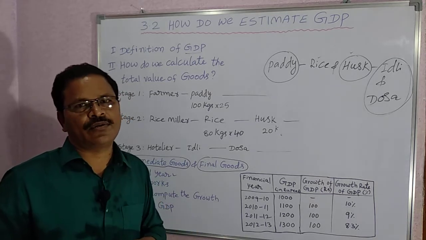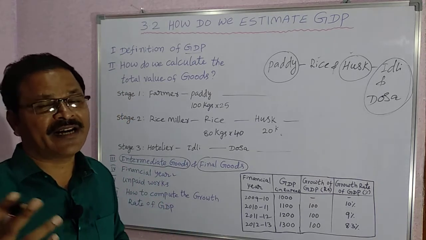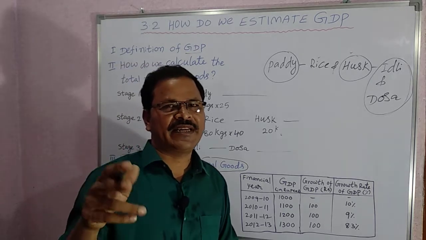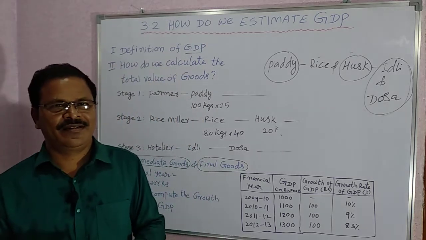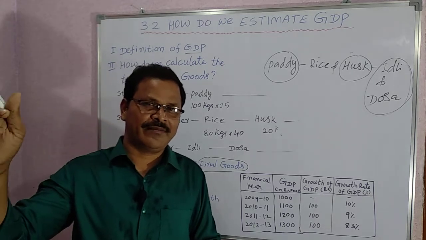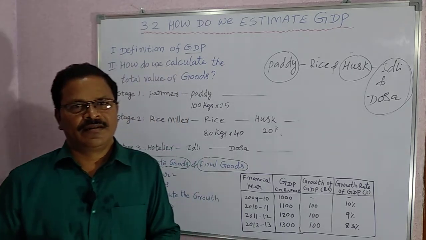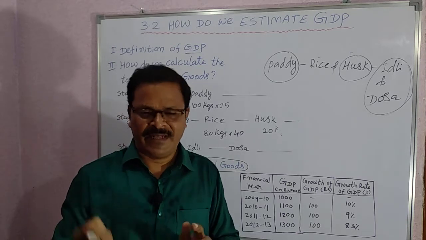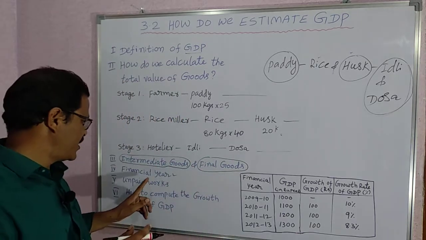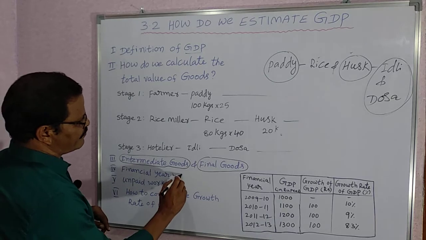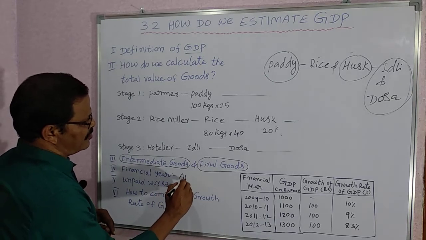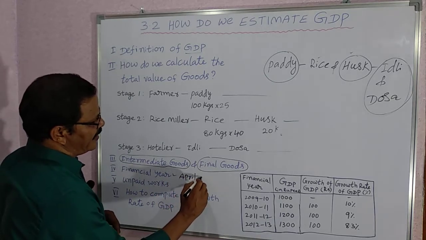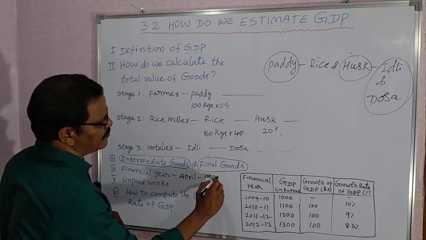What is the first month in the calendar year? January. What is the last month? December. A calendar year starts in January and ends in December. In this way, a financial year starts in April and ends in March.